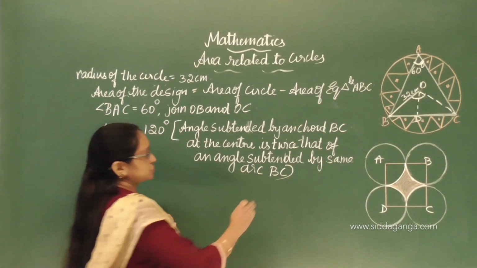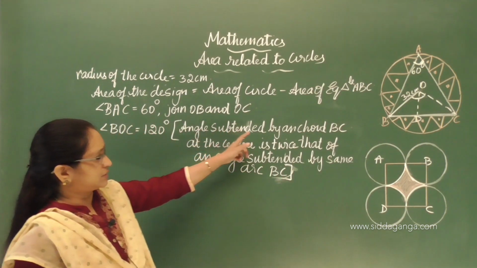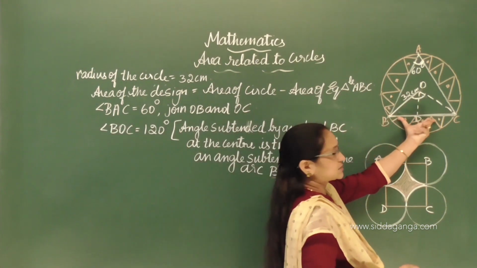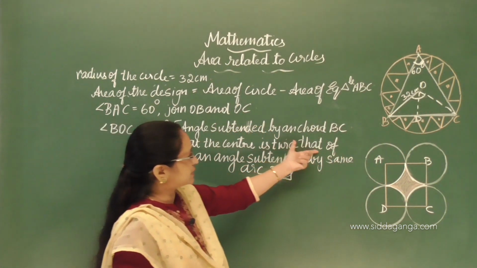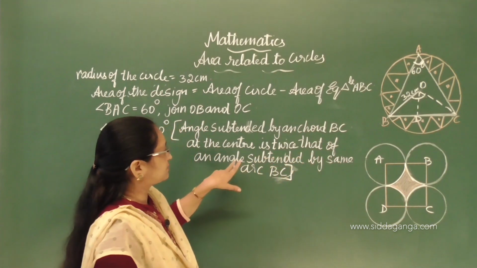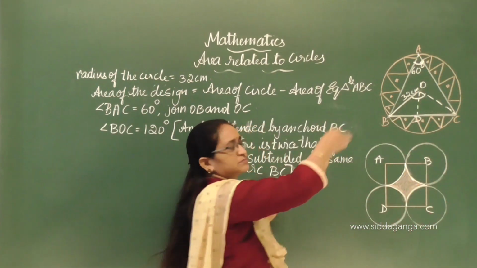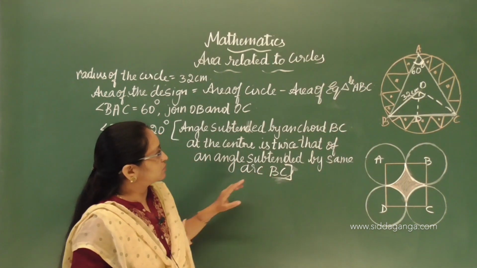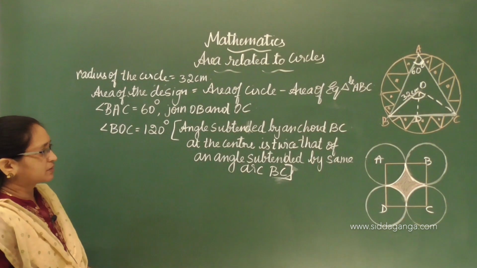Okay, the reason you should write: angle subtended by the chord. Which is the chord here? BC is the chord. At the center is twice that of the angle subtended by the same arc BC at the circumference. Okay. So now therefore this will be 120 degree.